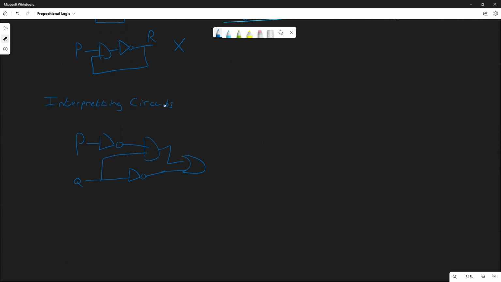To interpret this, then, the best way is usually to go right to left, or in other words, outward. So we see here there is this OR on the end. This means that whatever our output R is, this is going to be dependent upon an OR. So the very middle of our equation, or the central pivot of our equation, is going to be an OR.